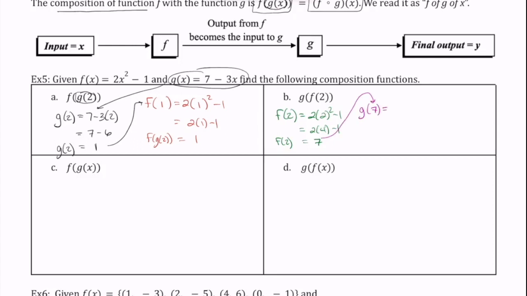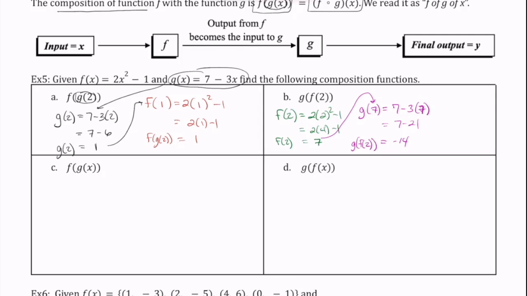And g of 7 is 7 minus 3 times 7, which is 7 minus 21, which is equal to negative 14. So g of 7 is negative 14. So g of f of 2 is equal to negative 14.